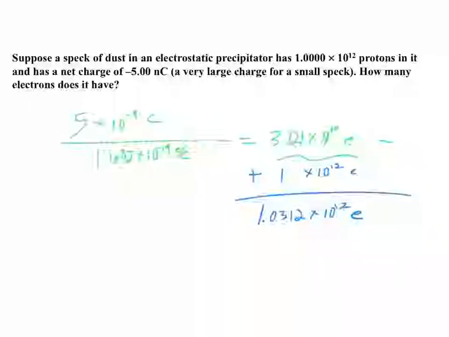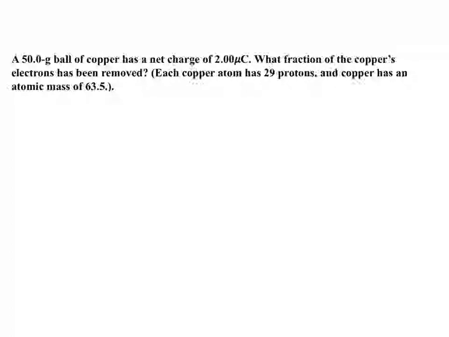Some of the fundamental charges are due to the electrons and the excess charge, and some of the fundamental charge units are due to the protons already there in the precipitator. The sum of those two sources of fundamental units of charge would be the total number of fundamental charge units on it. All right.